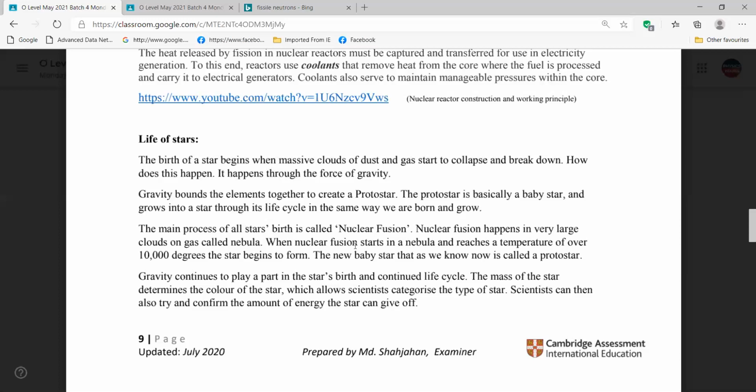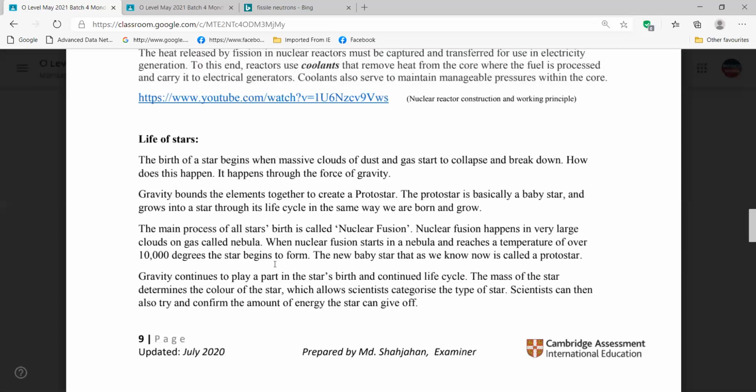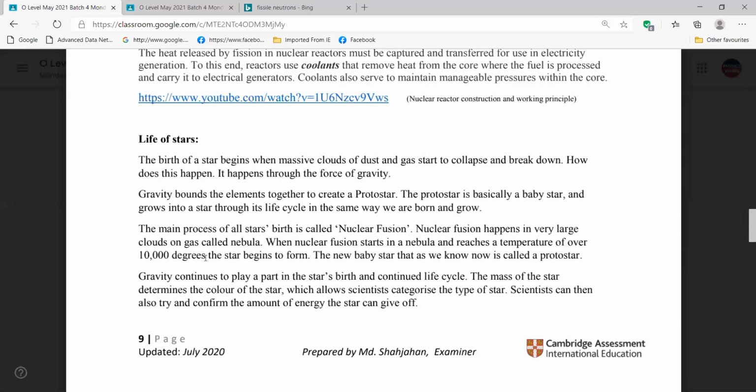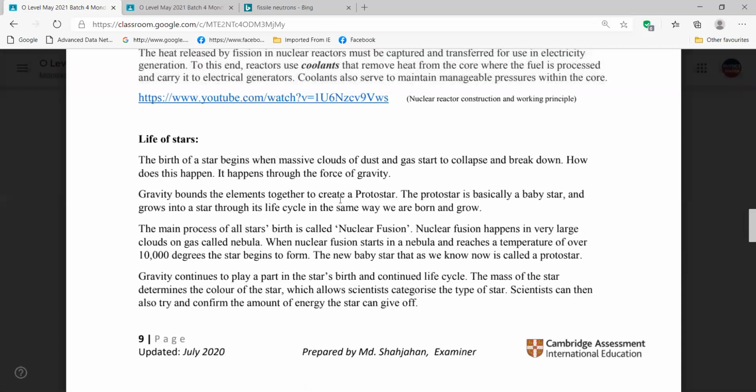When nuclear fission starts, we need a specific temperature, 10,000 degrees Celsius, for the star to begin to form, right? For the beginning of the star, we need a specific temperature, 10,000 degrees Celsius. Then we need the force of gravity to bound the elements together. These two things you remember.